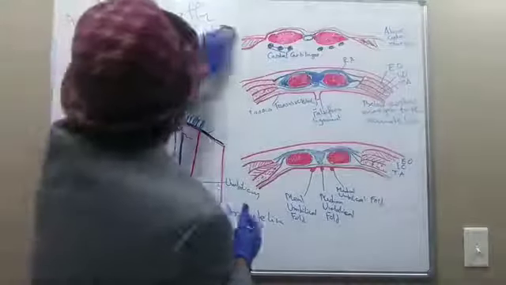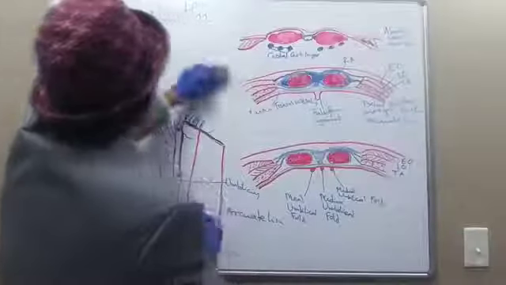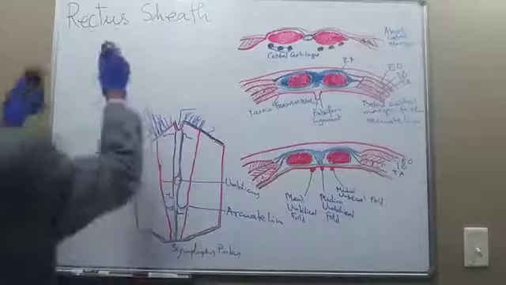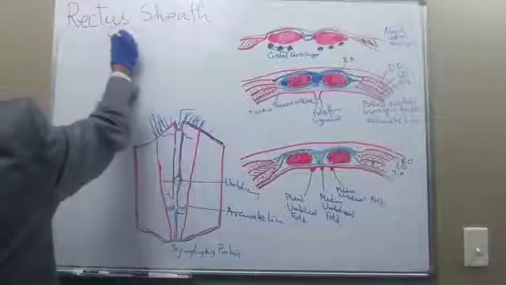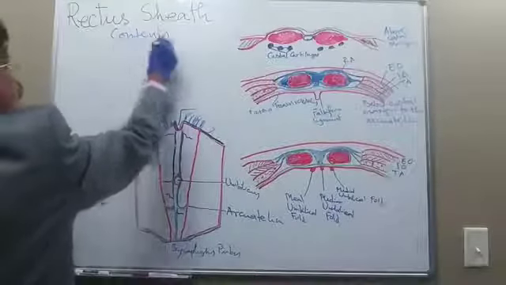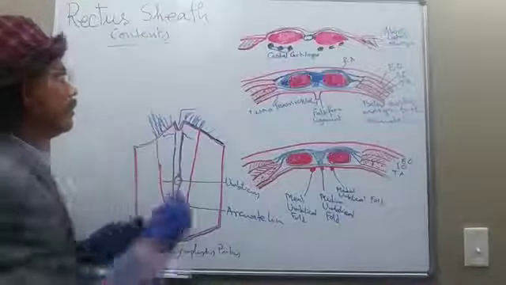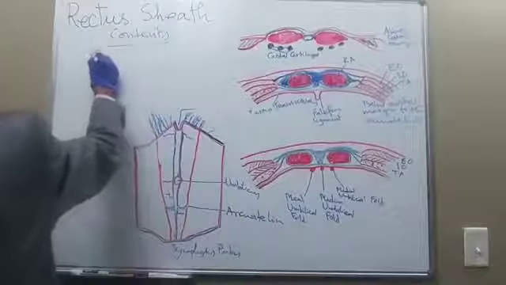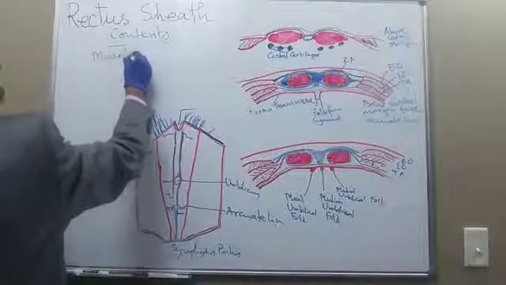Now we go to the content of the rectus sheath. What are the contents? Contents. We have two muscles. Okay. Muscles. What are the muscles?